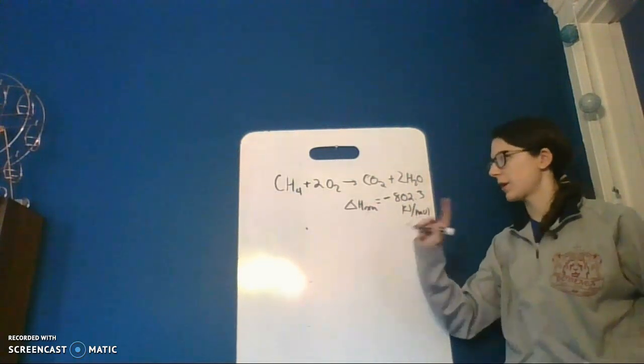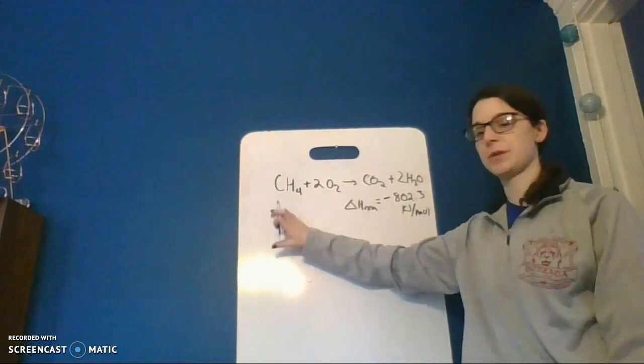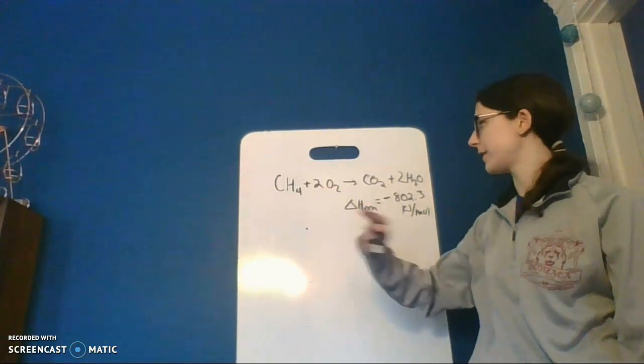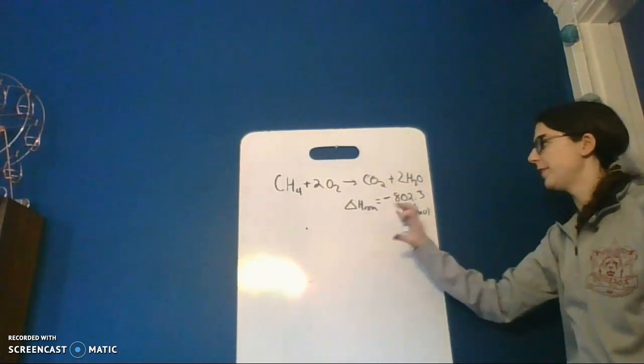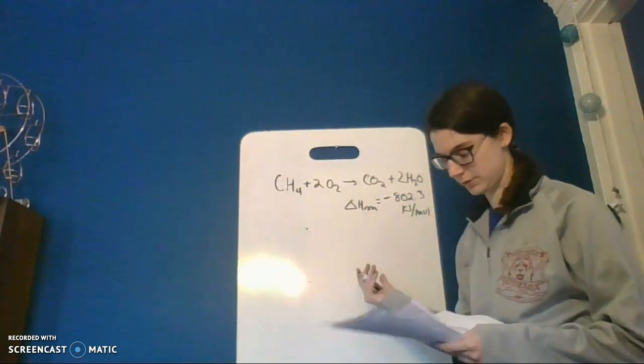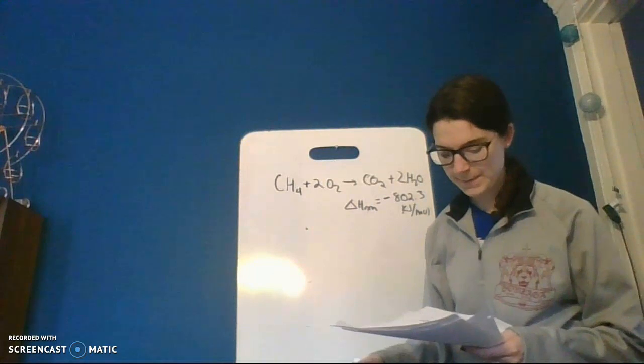So this enthalpy of reaction relates directly with this equation here. So if we have 1 mole of methane, 2 moles of oxygen, then this is the heat that would be released, or the enthalpy change that would occur during the reaction.